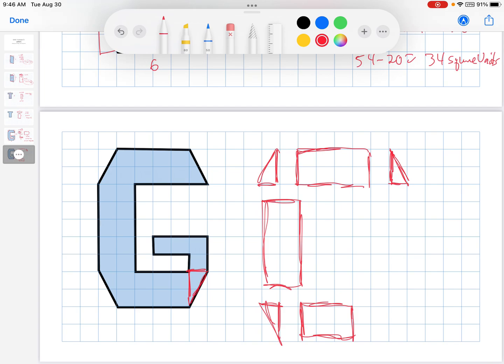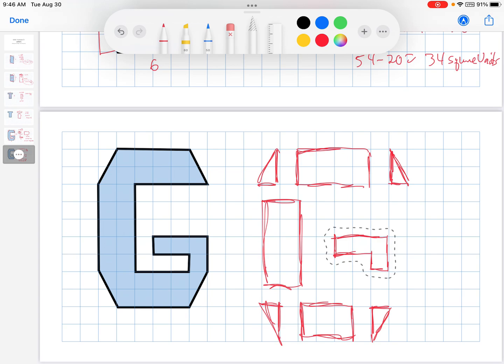This piece, which I'll put over here, and then this kind of weird shaped piece, but it's small, so it should be easy, which I'll put over here. Now, do you see how these all would assemble to make that shape over there?